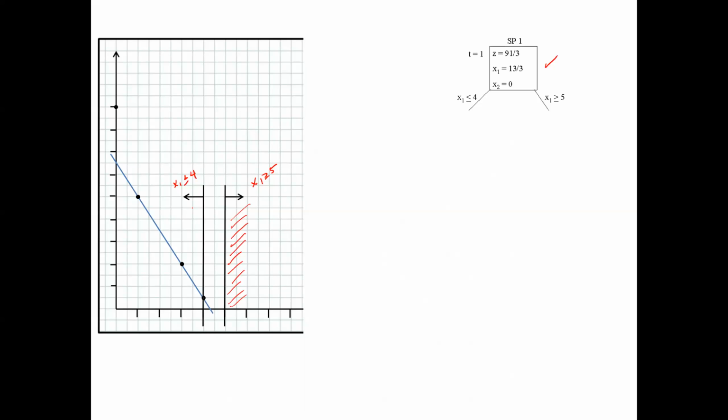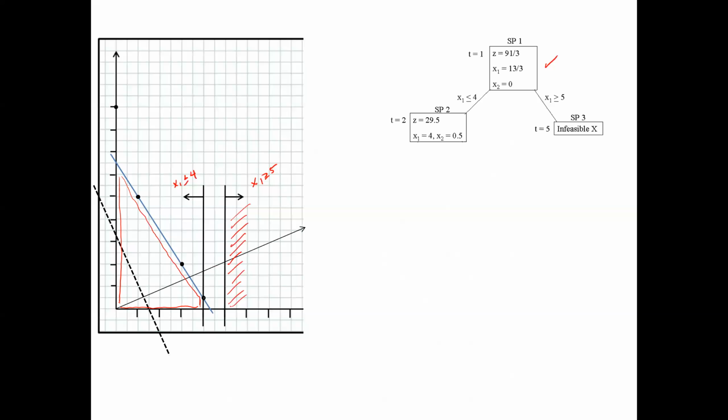In this case, x1 less than or equal to 4 is limiting the feasible region, cutting a piece of it, and this is our subproblem. Subproblem number 3 is infeasible, so we have to solve this other piece now.